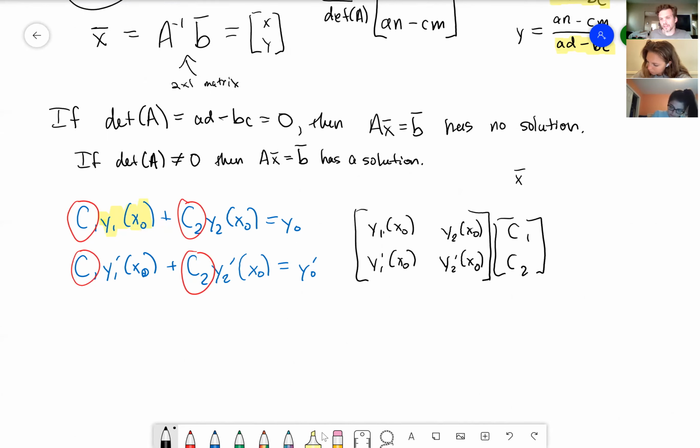So we're thinking of these things as the coefficients in our linear equation, our linear forms. And then on the right-hand side, we have y0 and y prime 0. So this is our system of equations.